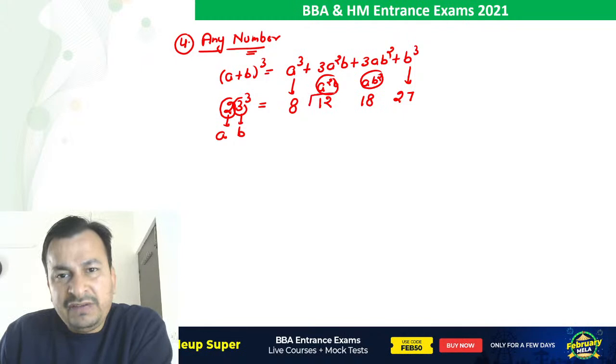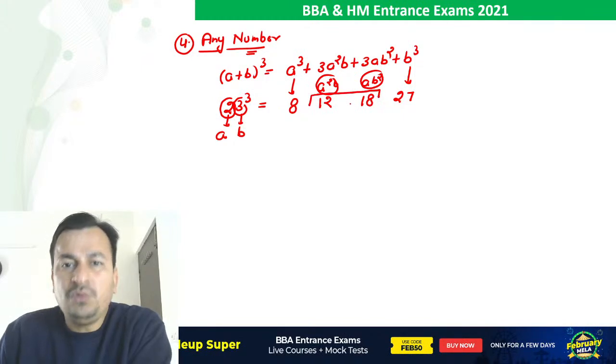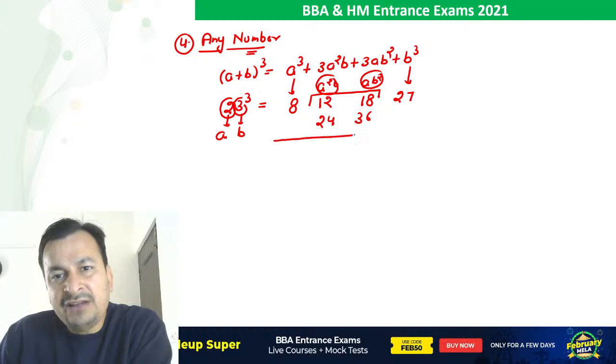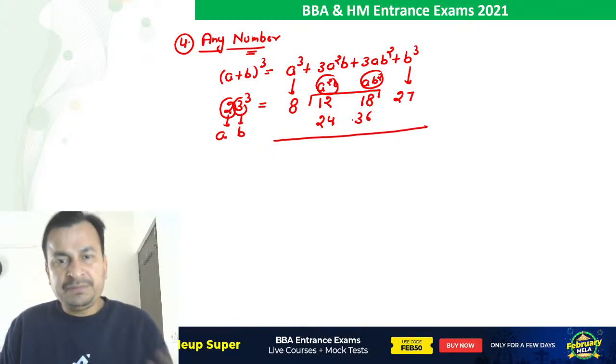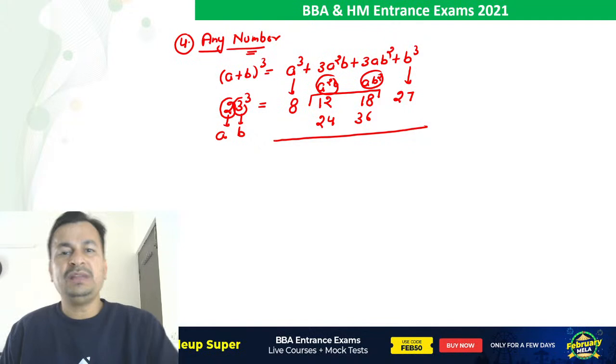Now we will double these two middle values. So 12 multiplied by 2 is 24. 18 multiplied by 2 is 36, and now we will add these two numbers. And as I have told you in the previous categories, while adding these two numbers we will focus upon the unit place digit.